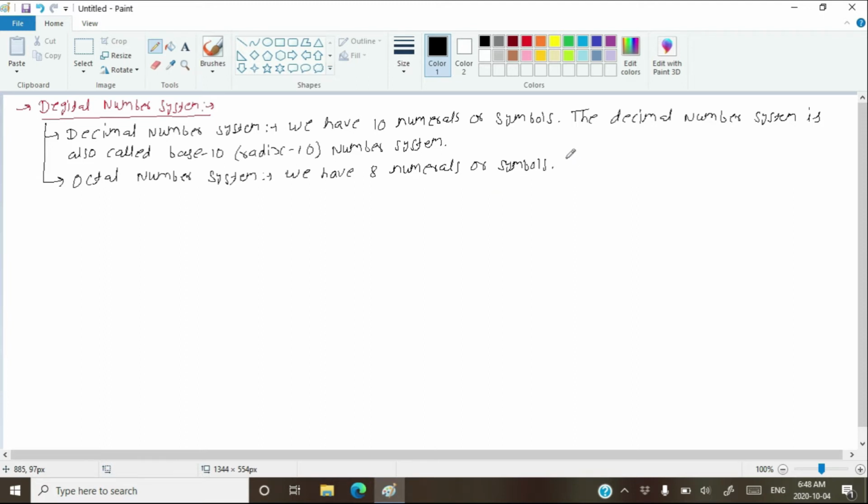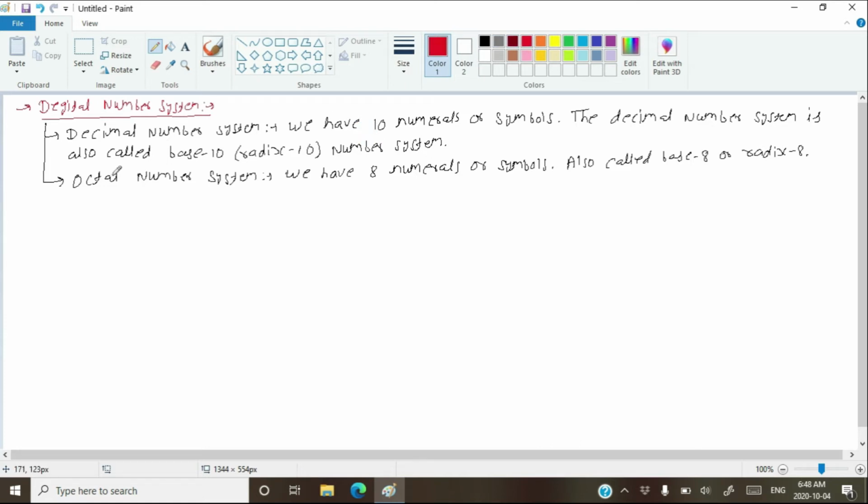The octal number system is also called base 8 or radix 8 number system.